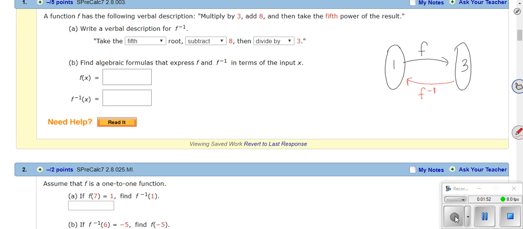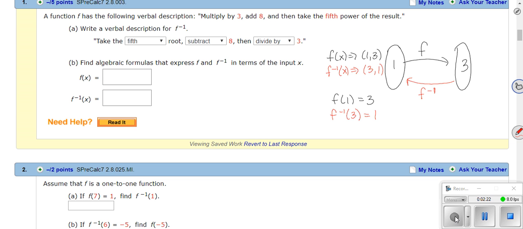It takes the 3 and maps it back to the 1. So my f of x function could have an ordered pair like (1, 3). My f inverse function would have the ordered pair (3, 1). Or I could say this as f of 1 equals 3 and f inverse of 3 equals 1.